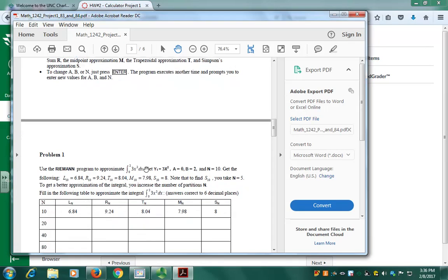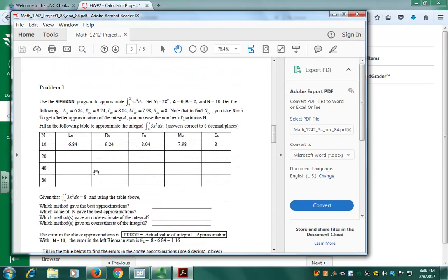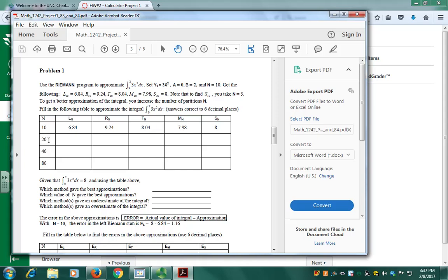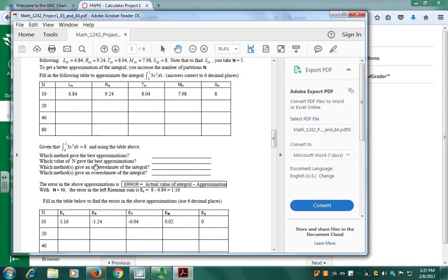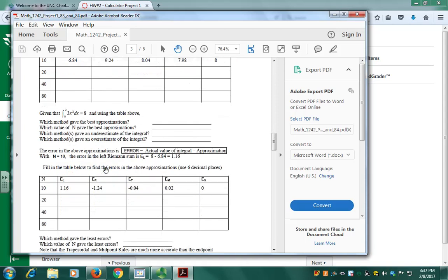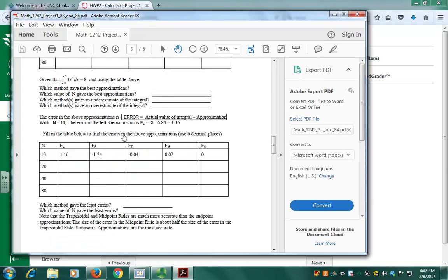Once you've got the program working, we're going to be asking you lots of questions about it. But again, it's a calculator project, so you'll be typing a bunch of functions into the calculator and doing n equals 10, 20, 40, and 80. You want to find the Riemann sums of left, right, trapezoid, midpoint, and Simpsons Rule. Then we're going to ask you which one's the best approximation, what the good values are here, what the error bounds are going to be, and stuff like that.